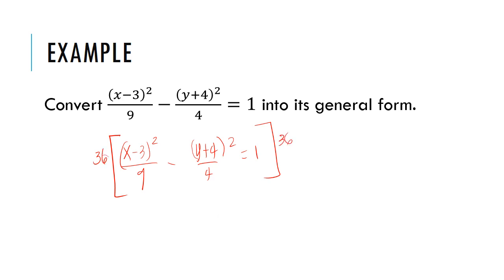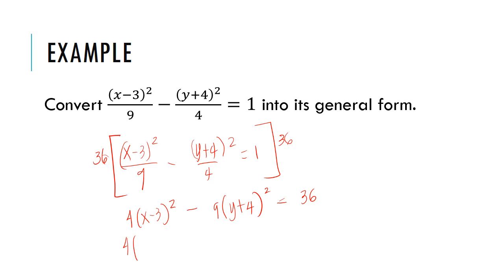And from there, 36 over 9 would give us 4 multiplied to the square of the binomial x minus 3, and minus 36 divided by 4 is 9 multiplied by the square of the binomial y plus 4, and 36 times 1 on the right side would be 36. Before we distribute the constant factors, we first expand the binomial.